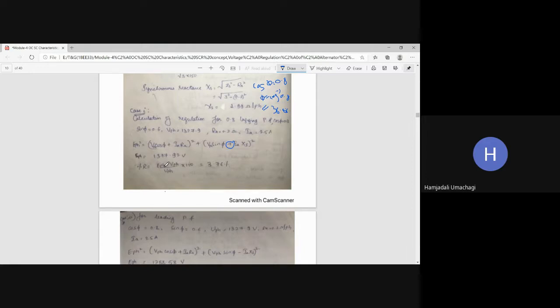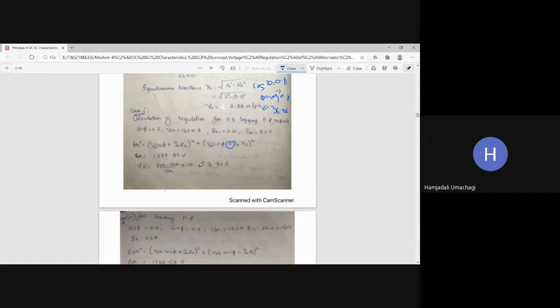So what is my EPH value? EPH value is 1377.92. You substitute this value here. Then VPH is 1327.9, divided by 1327.9 into 100.